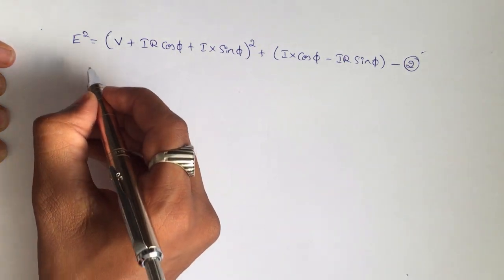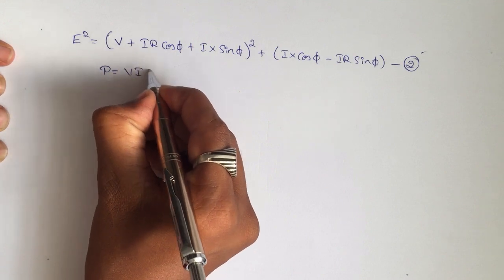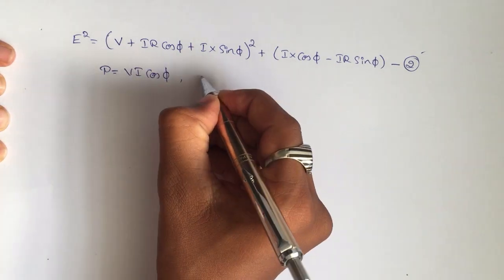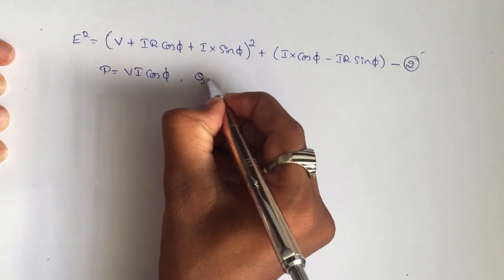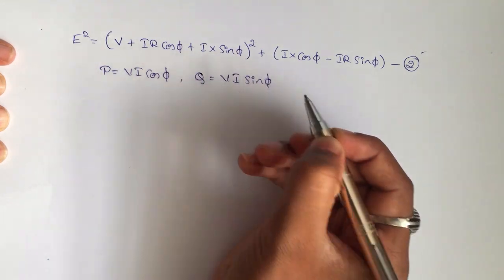Now we all know real power P is VI cos phi and reactive power Q is nothing but VI sin phi.